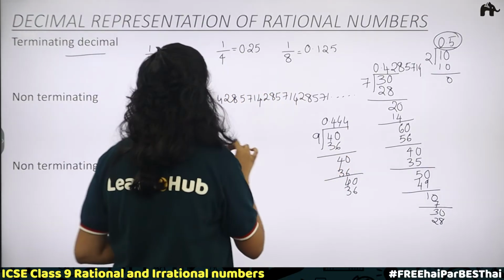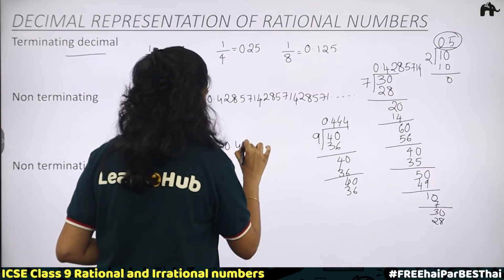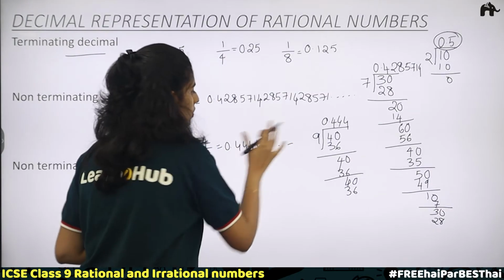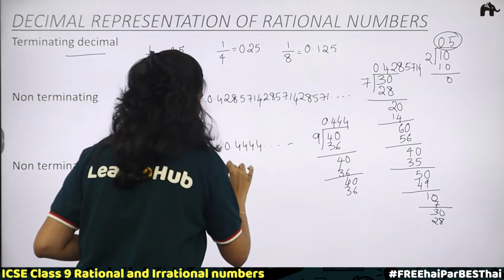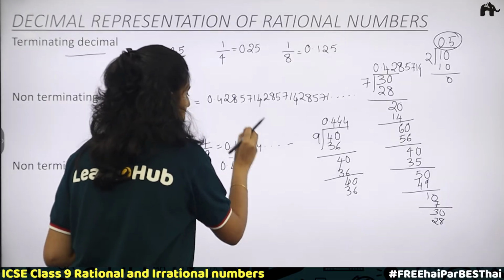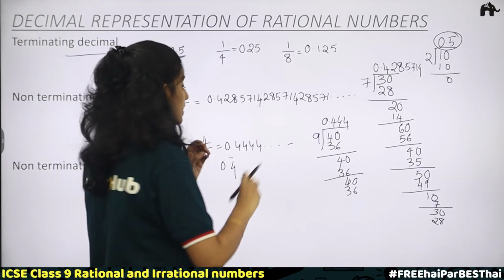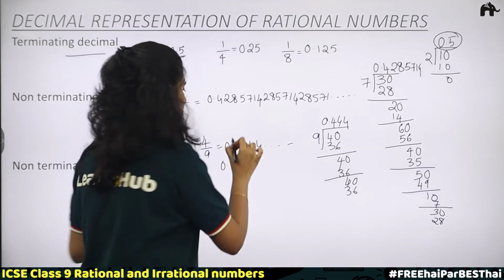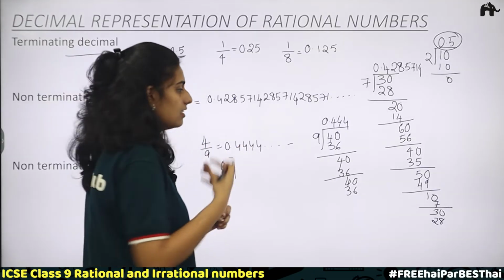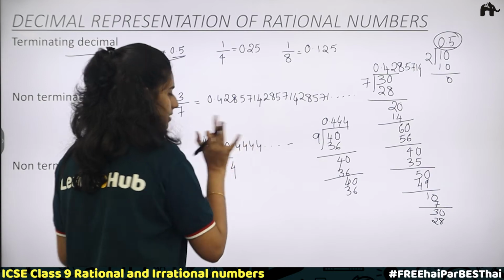What is happening? It is continuing, right? 0.4444, etc. The number is not going to change. So this can be written as 0.4 bar. Okay, which means the number is not terminating, but the number is repeating. The same number is repeating. So this quotient is a non-terminating recurring. Recurring means repeating quotient. Clear?